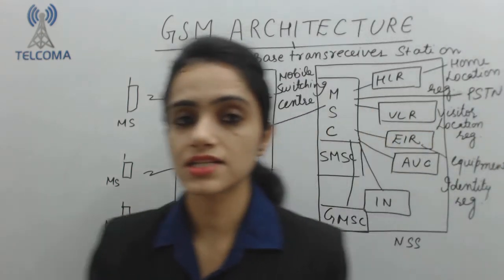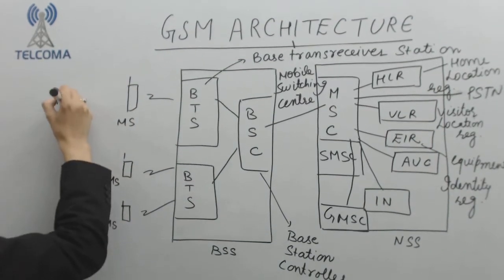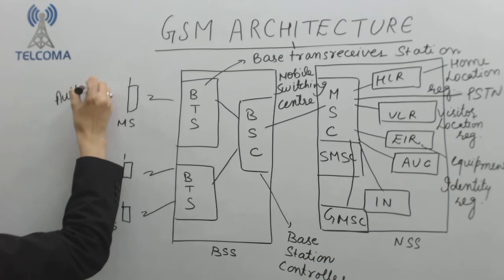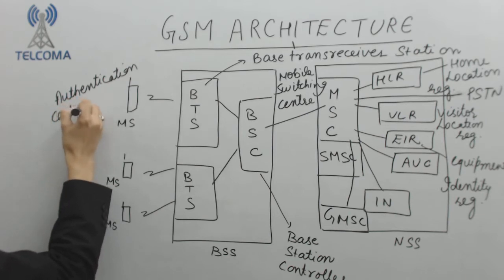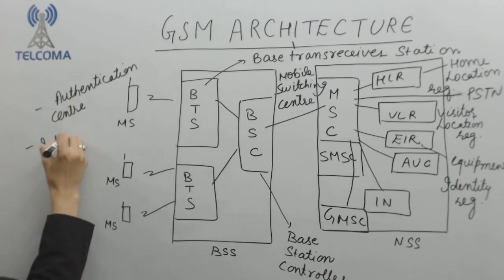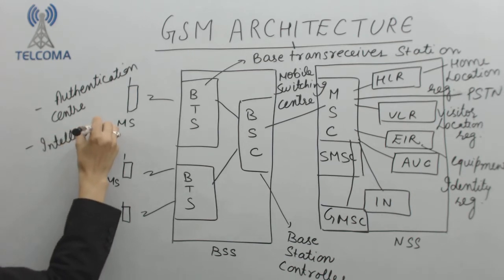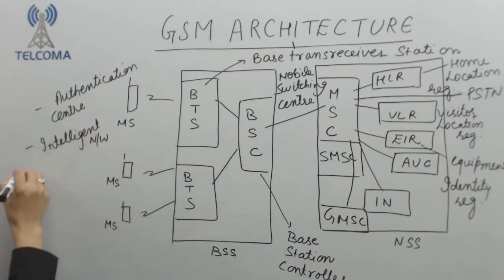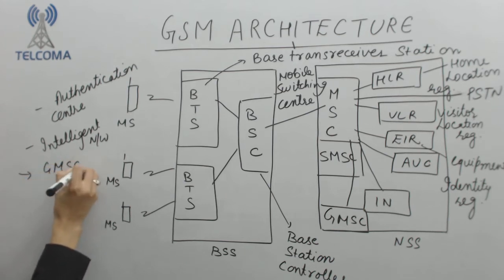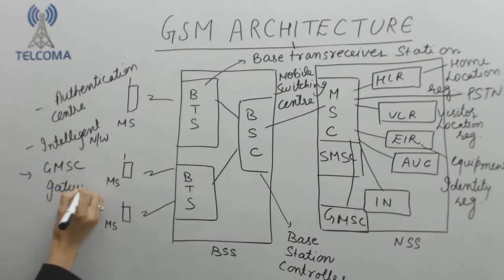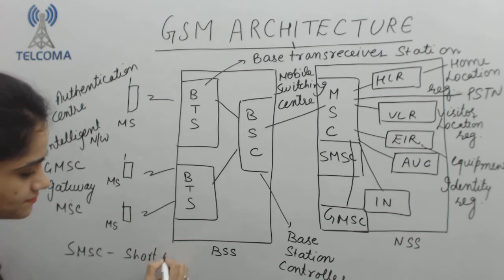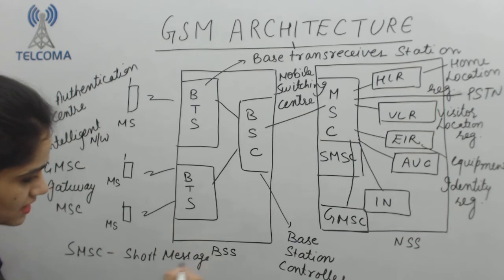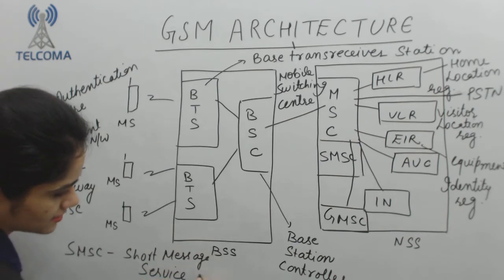AUC is authentication center. IN stands for intelligent network. After that we have GMSC, where GMSC is gateway MSC, and SMSC is short message service center.